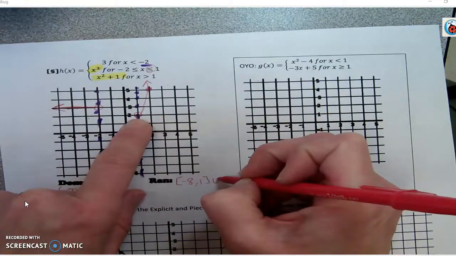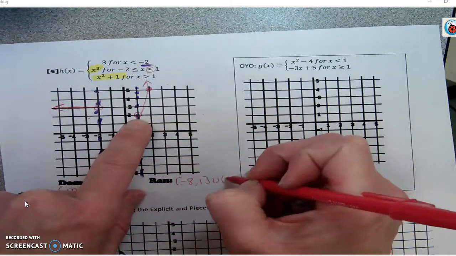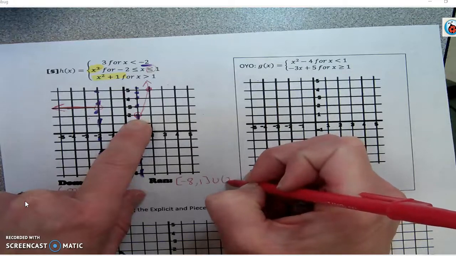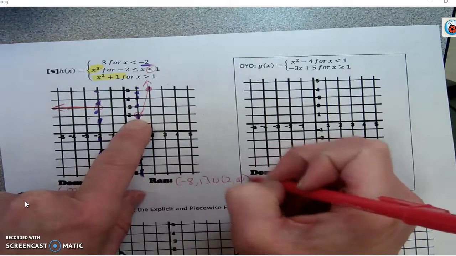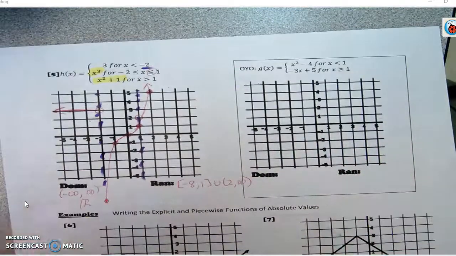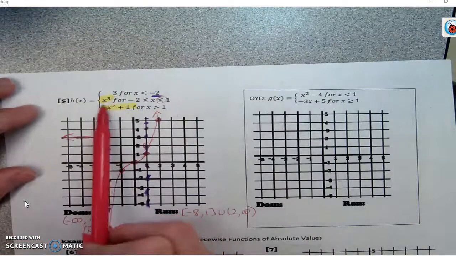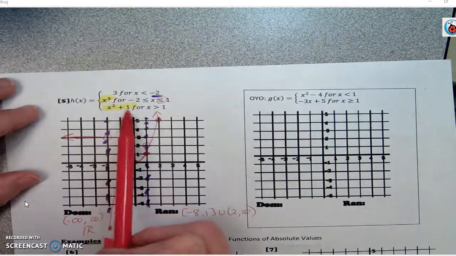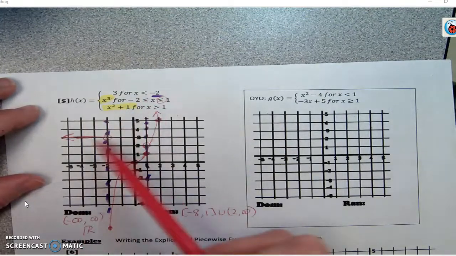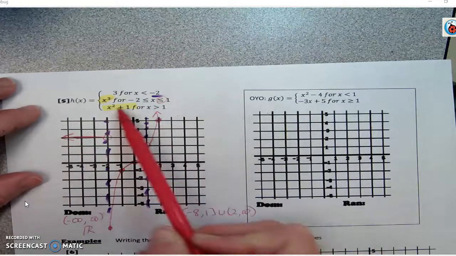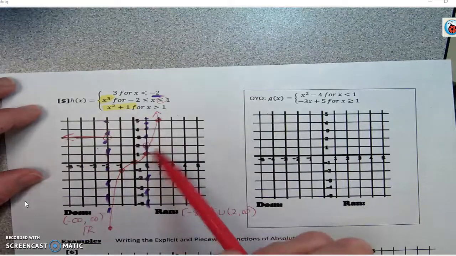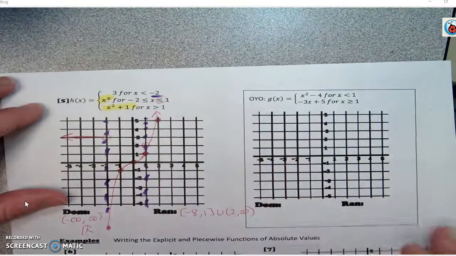Then it jumps up to 2 and goes to infinity. You can also graph these in Desmos. Now you're going to have to pay attention to what intervals to graph them in, but you can help find points in Desmos as well, get you a better idea.